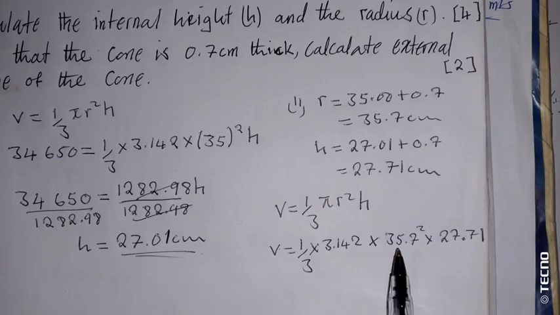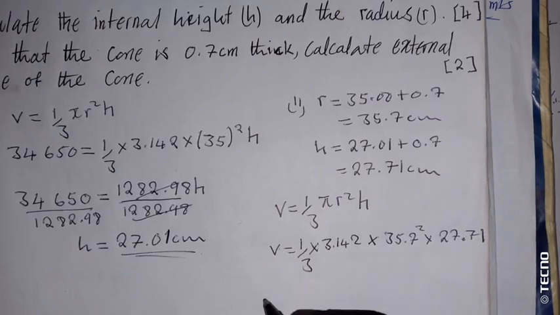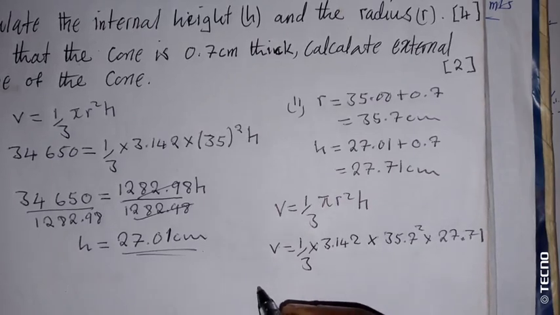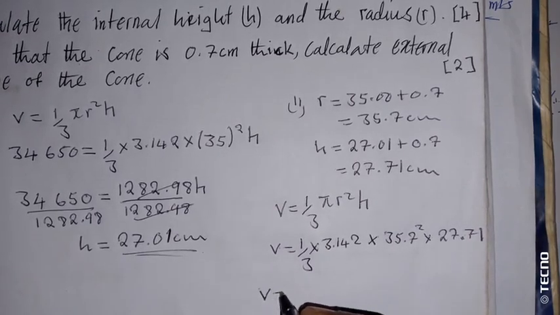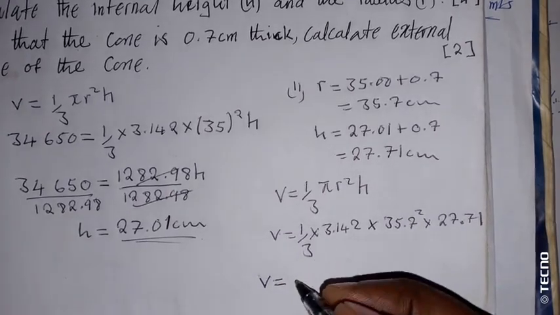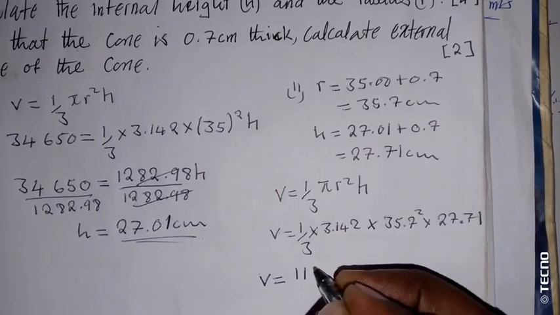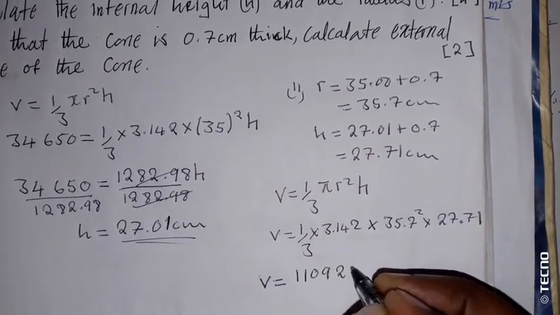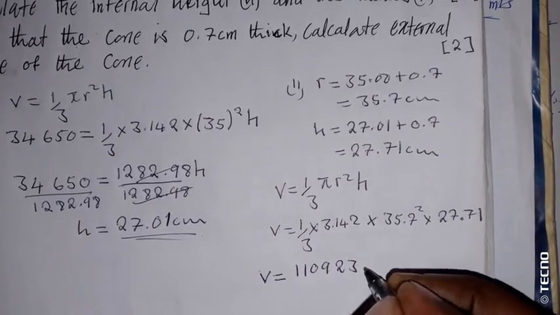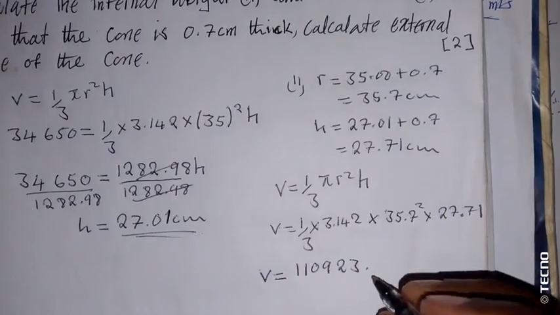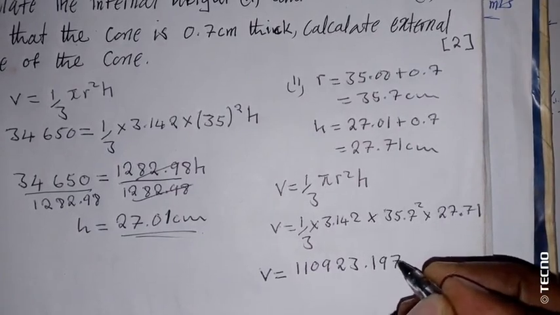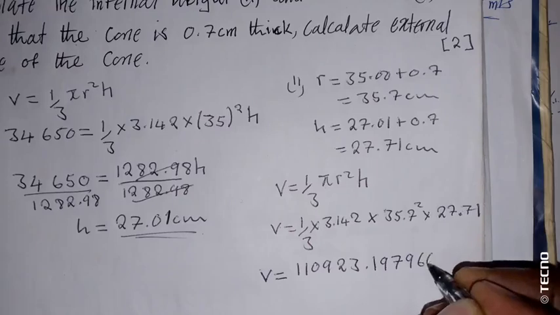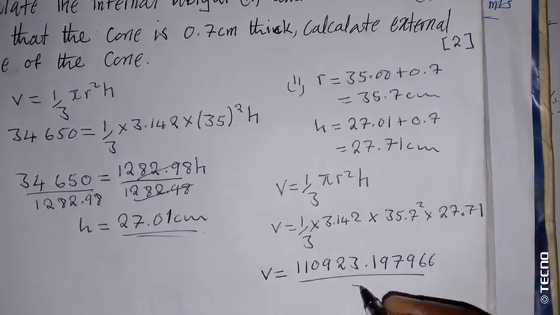Placing this on our calculator, once you square this, you are going to get something like 110,923.197966 over 3.